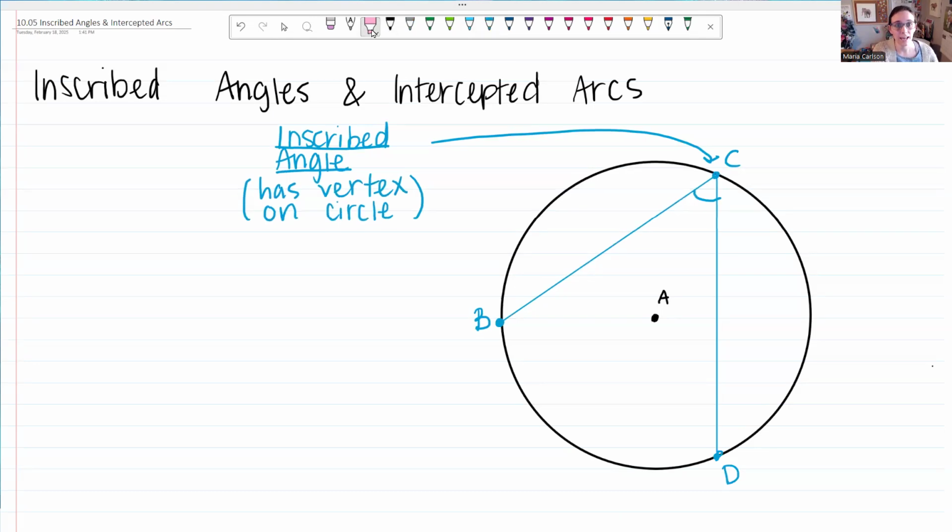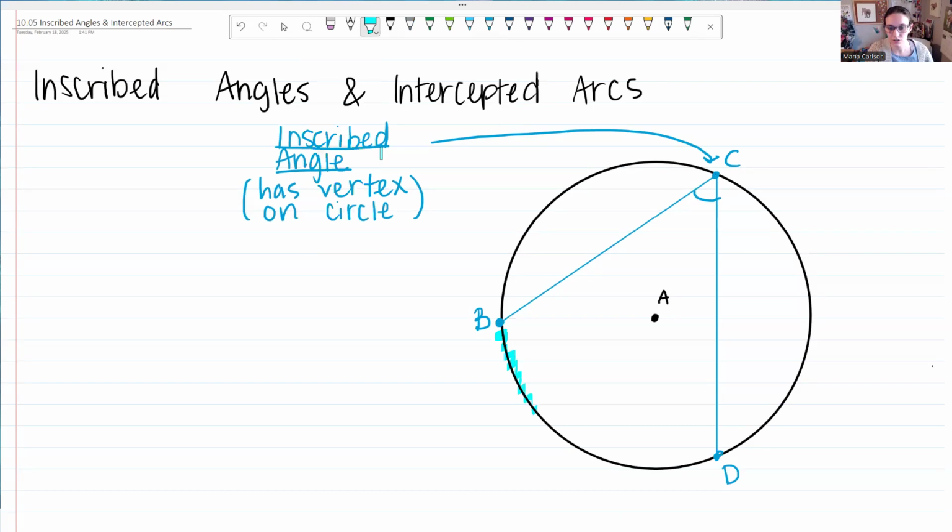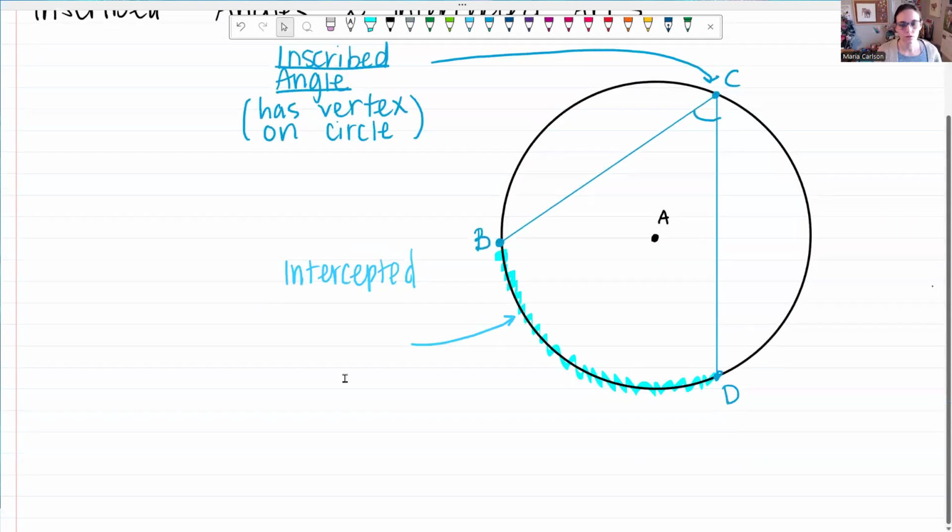So inscribed angles form what is called intercepted arcs within the circle. So I just highlighted what is the intercepted arc. This is intercepted because if the angle kept going, that would be the part of the circle that the angle intercepts.